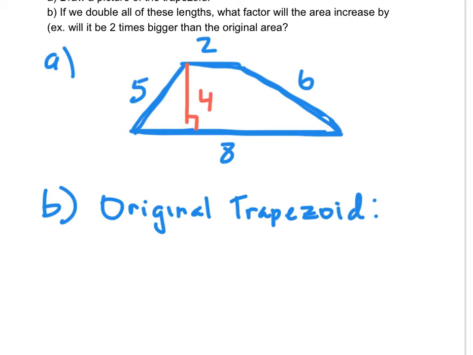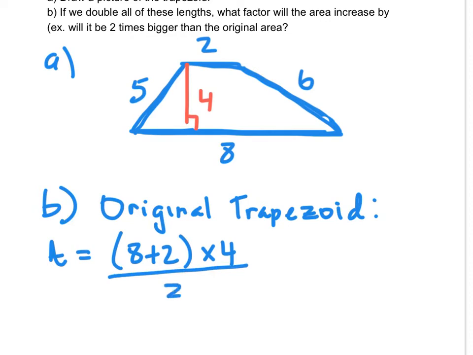Okay, so its area is base 1 plus base 2, which is 8 plus 2, multiplied by the height, which is 4, all over 2. So 8 plus 2 is 10, times 4 is 40, divided by 2 is 20. So it's going to be 20 meters squared.